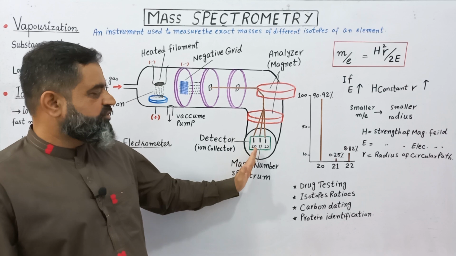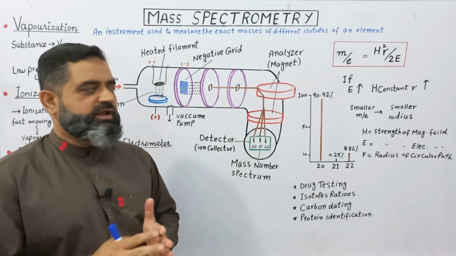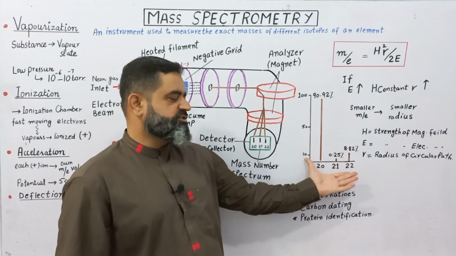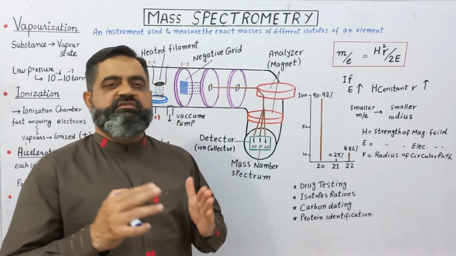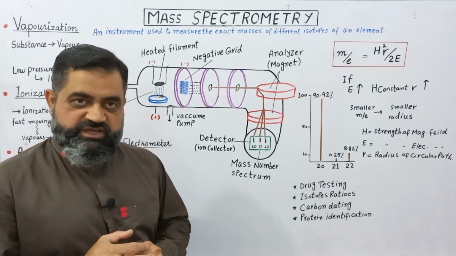Then this information is calculated by the computer, and a graph is established which gives us the relative abundance of different isotopes present in the sample of the neon gas.